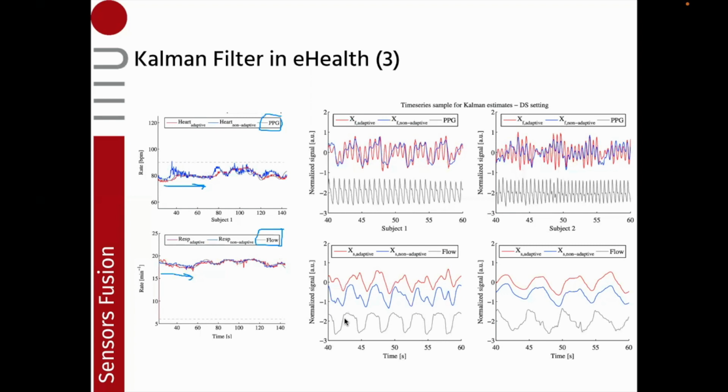And here you can see, for example, the respiratory signal predicted by the Kalman filter, and this is the ground truth. You can see that there is quite a good overlap of the two, of course within the limit of some error.